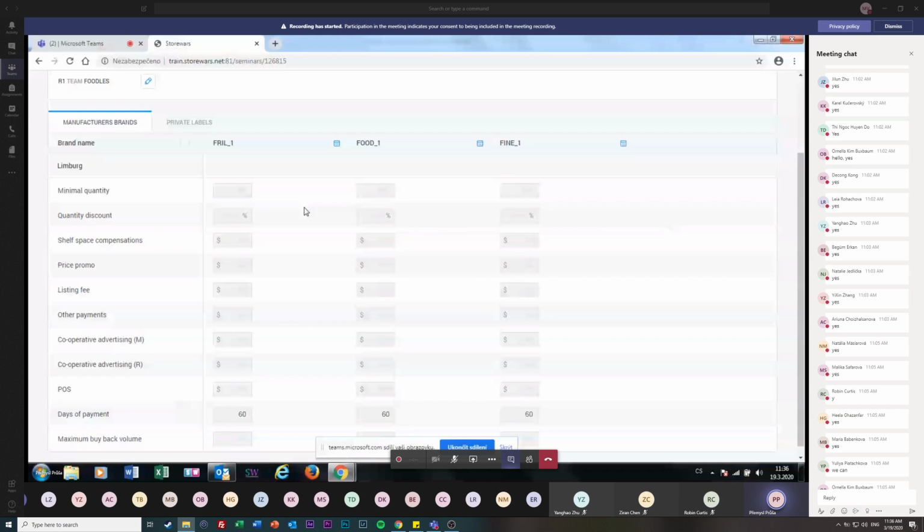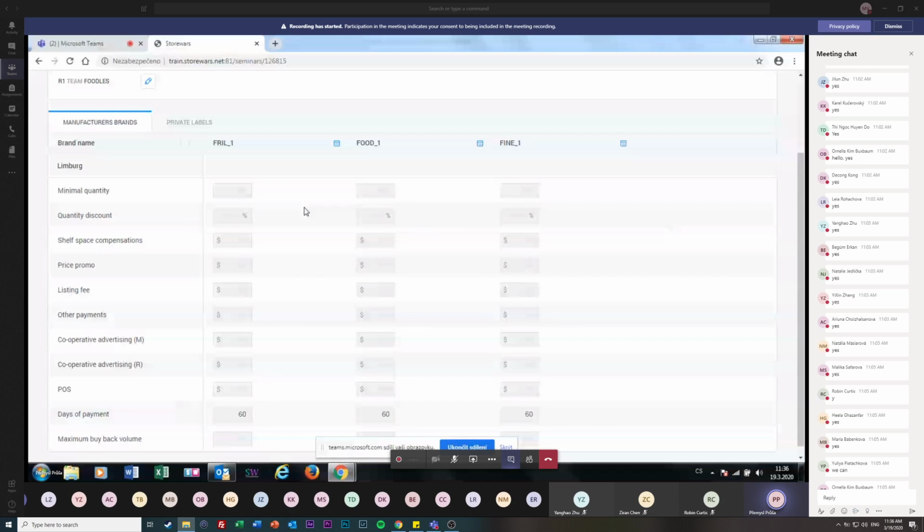So you can say, okay, we are going to buy 100 pieces of Frill 1, but we will get 10% discount. So that's number one, what you should negotiate. Because as you know, there is a fixed price for period 2, but you can get discount. But for the discount, you should specify the minimum quantity. So that's number one for negotiation.